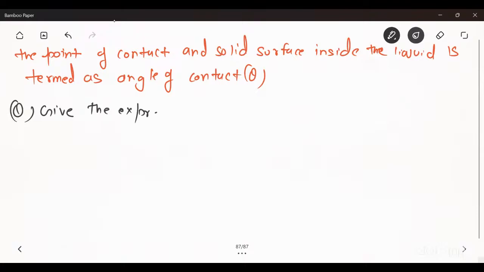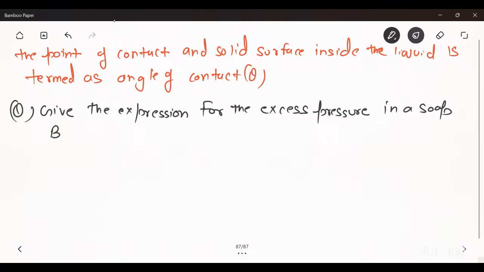Give the expression for the excess pressure in a soap bubble in air.